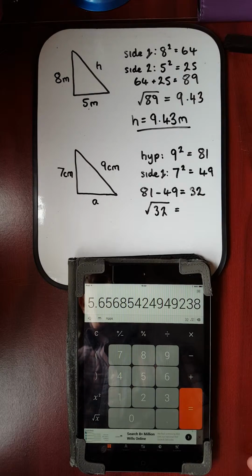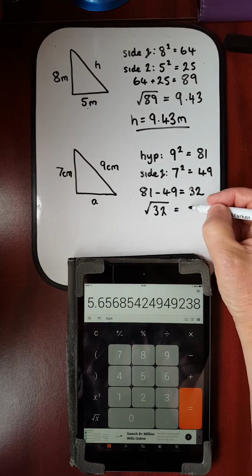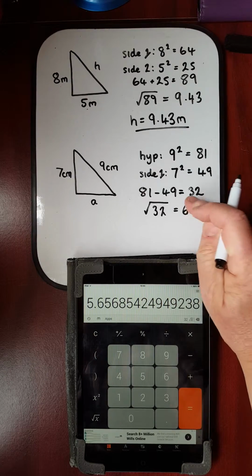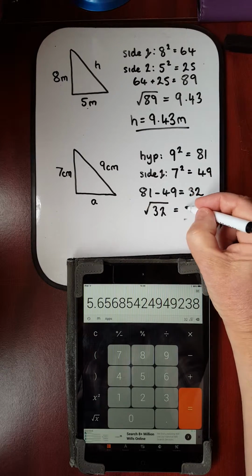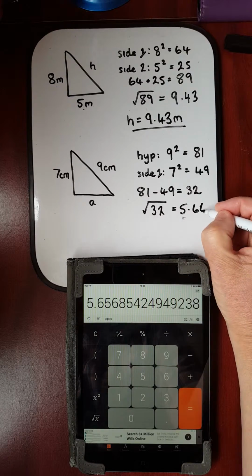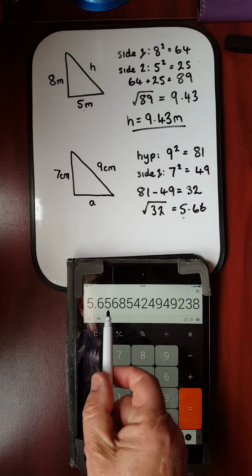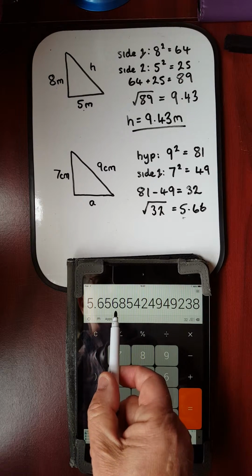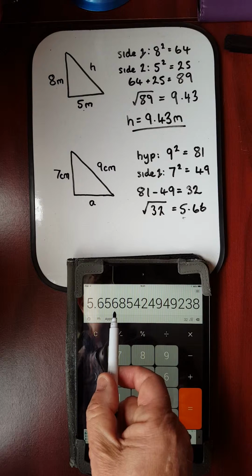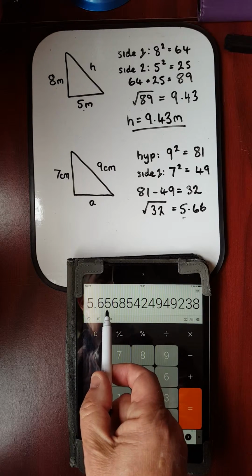And there we are, 5.6568, blah, blah, blah. Now, I'm going to make that 5.66. Do you know why I've done that? It's a 5.65 and then it's followed by a 6. 6 is closer to the next number up than the next number down, so it makes that 5 round up to 6.